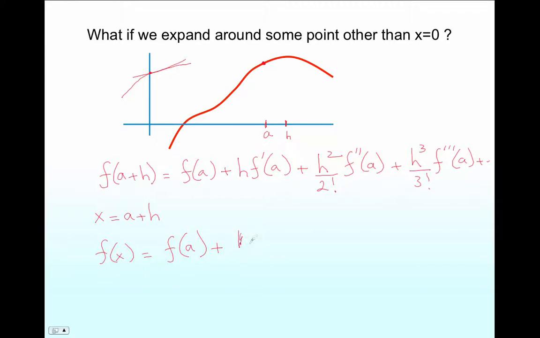Now instead of h, I'm going to write x minus a, and the derivative is to be evaluated at a and so forth, and so 1 over 2 factorial x minus a squared f double prime and so forth. So this is our Taylor's polynomial.